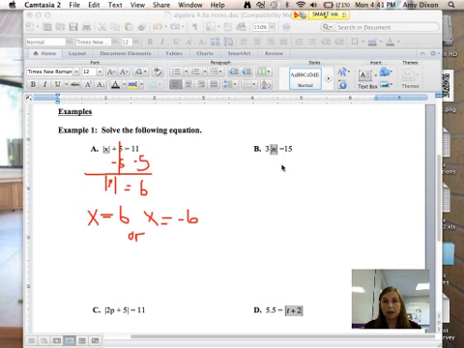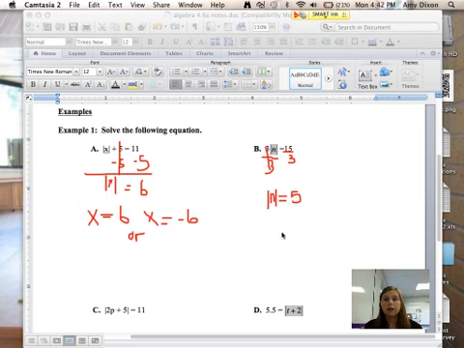Now again, our absolute value is not isolated, so we have 3 times the absolute value of n equals 15. So we have to get rid of this 3. We need to isolate the absolute value of n. So we're going to divide both sides of this equation by 3. Okay, and we're going to get the absolute value of n equals, and then 15 divided by 3, you're going to get 5.